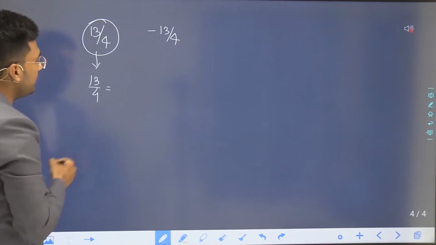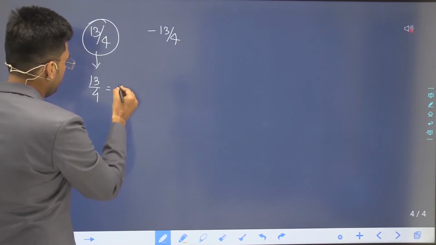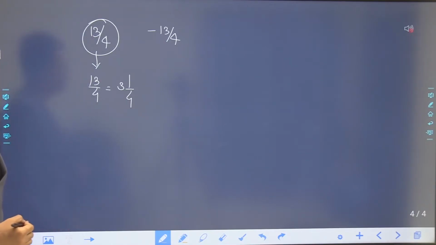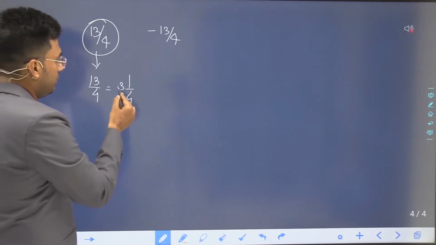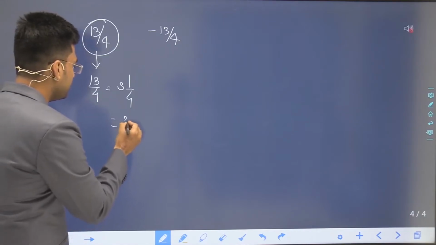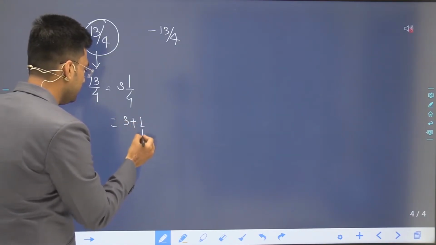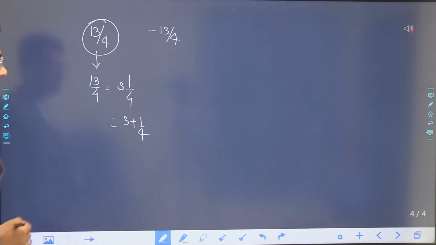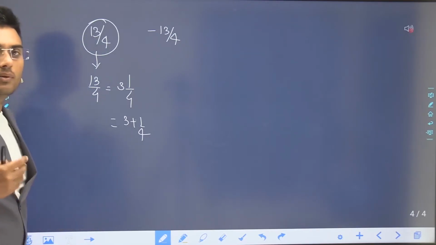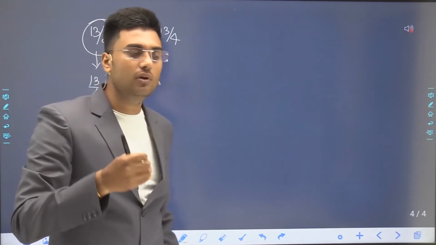Can I write it as 3 1 by 4, a mixed fraction? 3 4s are 12 plus 1, 13 by 4, or I can write it as 3 plus 1 by 4. What does it mean? It means the number 13 by 4 lies between 3 and 4, greater than 3 but less than 4.